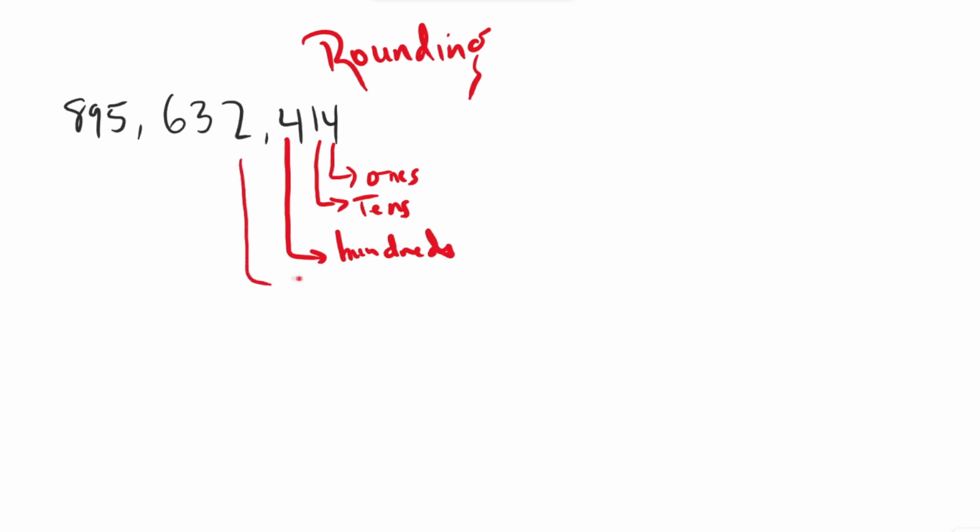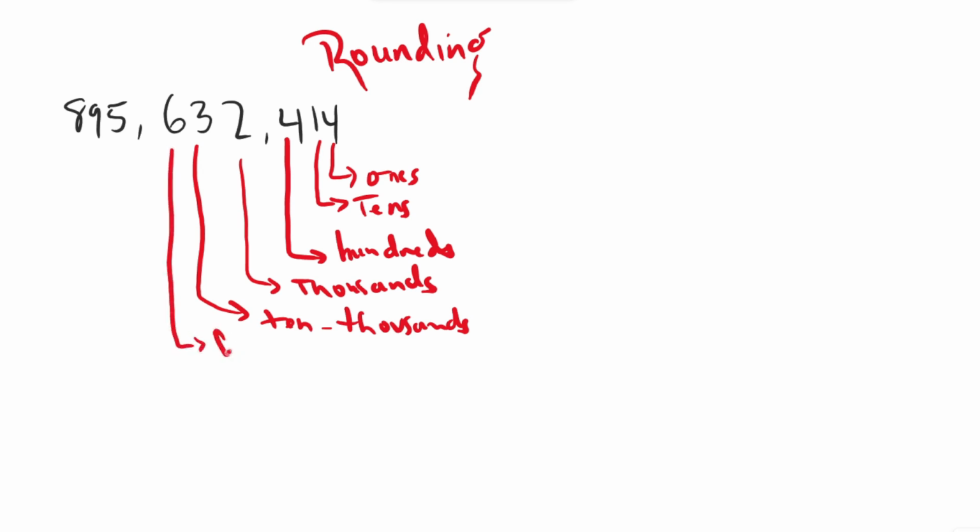The place value of this 2 over here is the 1,000. The place value of this 3, after 1,000, is 10,000. The place value of this 6 is the 100,000. And the place value of this 5 here, after 100,000, is the millions place.